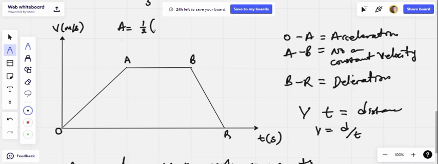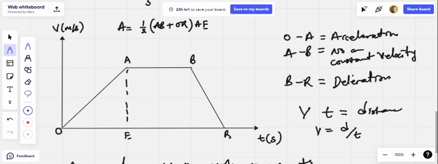So a half of AB plus OR times the height. If you call this place E, then AE will be the height. So that's the formula for the area of a trapezium.